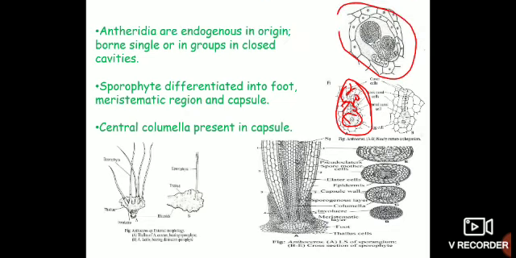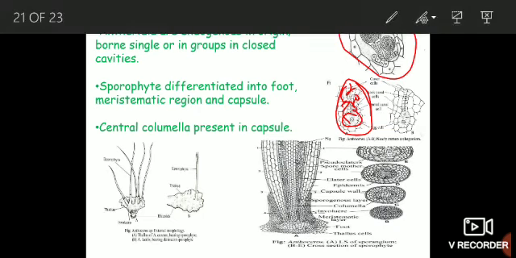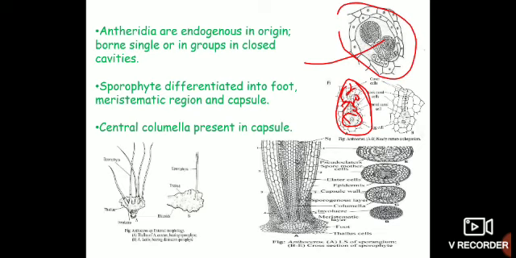This is the same for all bryophytes. Simply stated, you have to remember that in Anthocerotopsida, the sex organs are embedded in the thallus, and the very distinguishing feature of this group is that antheridia are present either singly or in groups within closed cavities.